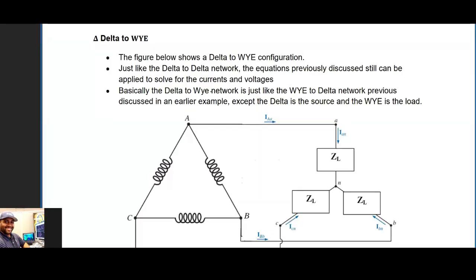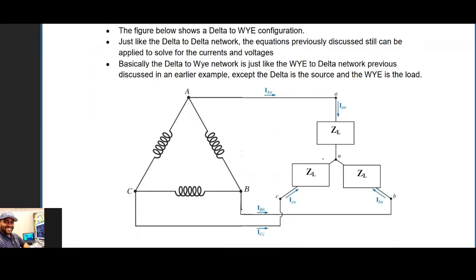All right, so the next configuration is a delta to Y. So this is when you have a source that is connected in a delta configuration and is supplying power to a Y load. So notice we don't have a neutral wire for this type of configuration.